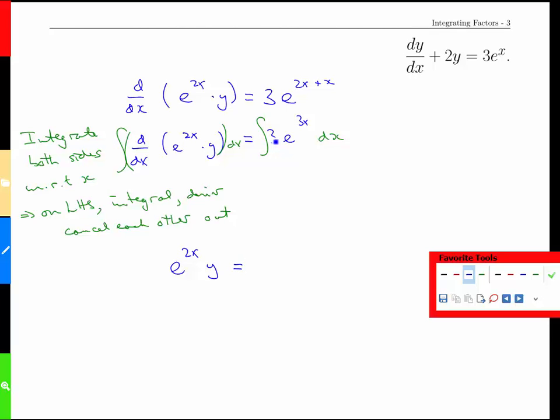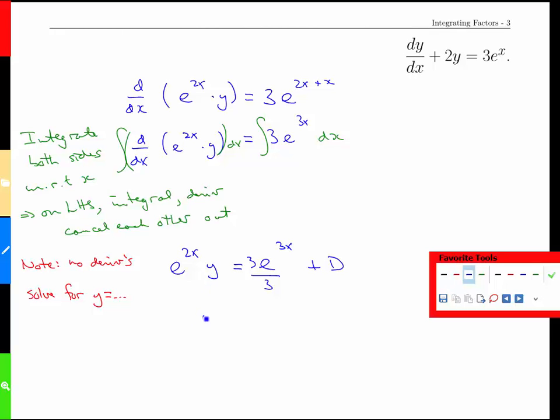On the right-hand side, we do our usual integration skills now, and we recognize that e to the 3x over 3 would be the integral there. And we're going to put a plus c. I'll call it plus d because we had a c earlier in this question. And at the end of the day, we are ready to go because we now have y equals. So we note that there's no derivatives anymore, so we can simply solve for y.